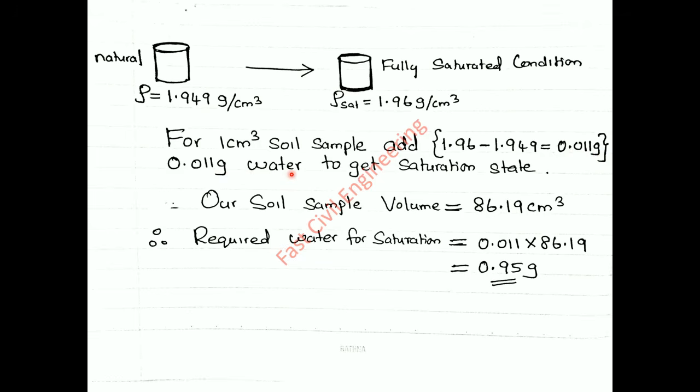So 0.011 gram of water is needed to saturate 1 centimeter cube of soil. Our soil sample volume is 86.19 centimeter cube. Therefore, the required water for saturation is 0.011 into 86.19, which is 0.95 gram.